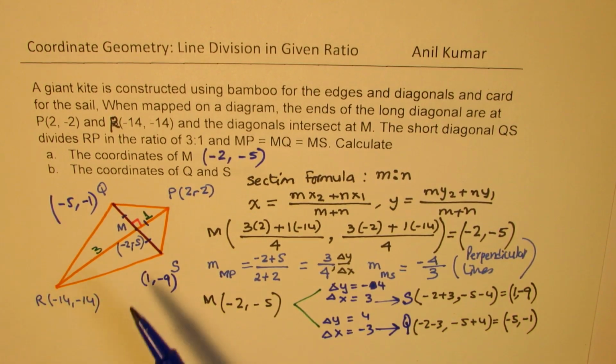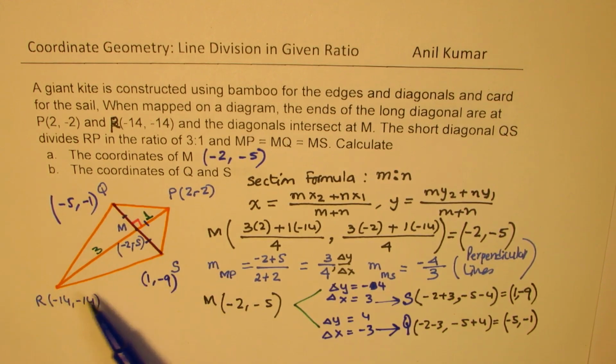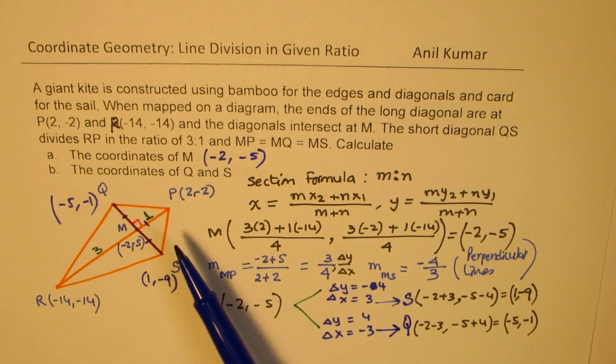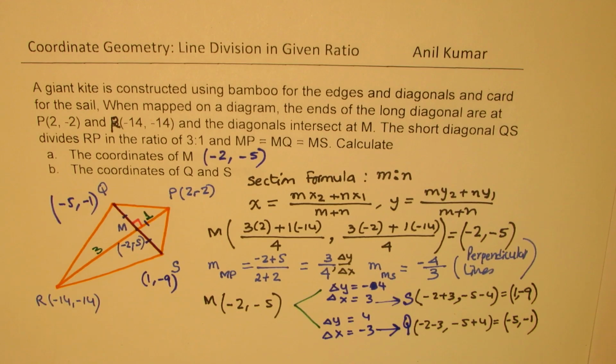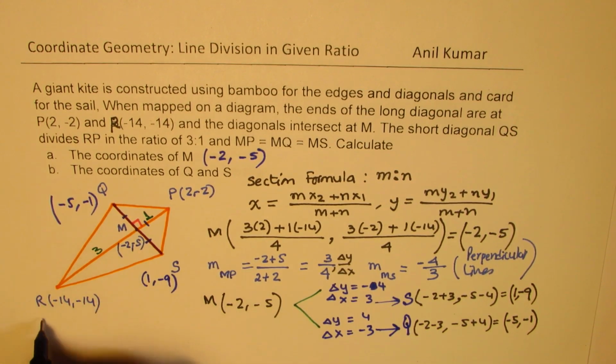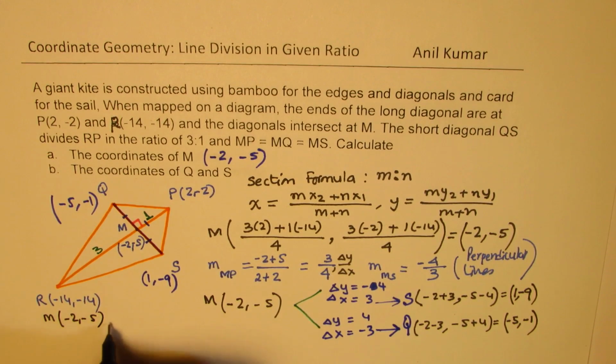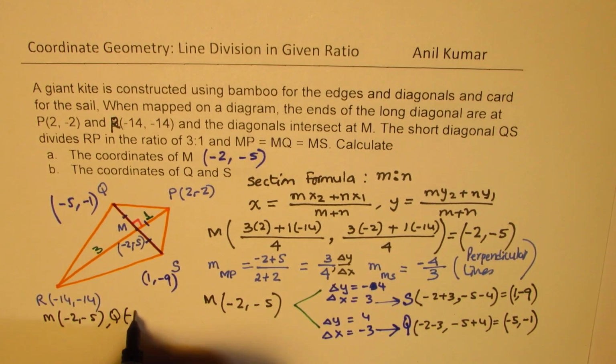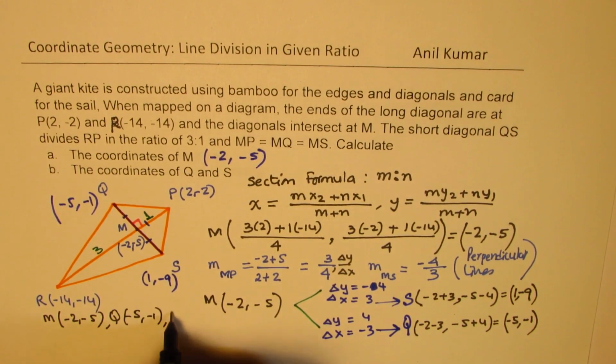Correct? Now once you get these 2 points, you can find all the distances. Right? So we have our points. So let me rewrite the points which we got, which is M is minus 2, minus 5, Q is minus 5, minus 1, P is given to us, and S is 1, minus 9.